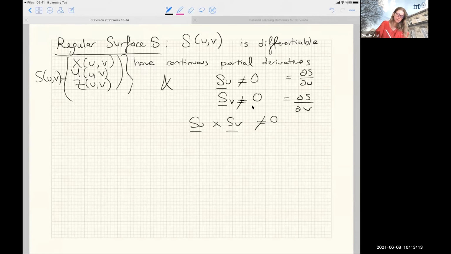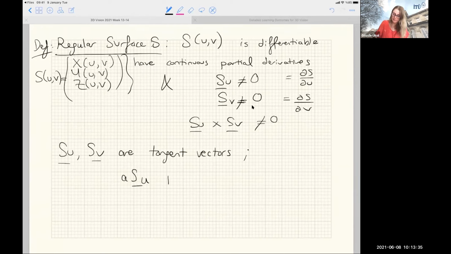Definition of a regular surface S. Okay, so this is important. Now let's again define S_u, S_v as tangent vectors. Then we can say any linear combination of these two guys, just take a linear combination, these are also tangent vectors and they will parameterize this 2D map.